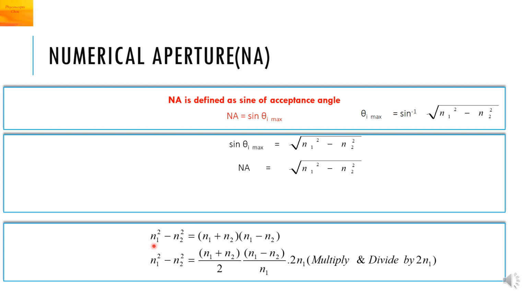Now we will consider this N1 square minus N2 square, which can be written as N1 plus N2 into N1 minus N2. Now we will multiply and divide this equation on the right hand side by 2N1. So we have multiplied with 2N1 and divided by 2N1.